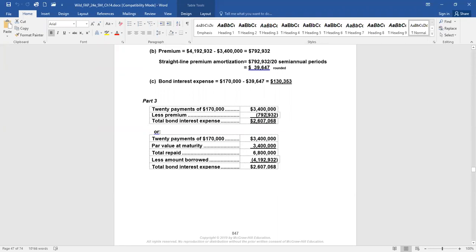So decrease the total payments by the $792,932. That will give you the true cost of interest to the corporation, $2,607,068 over the life of the bond.